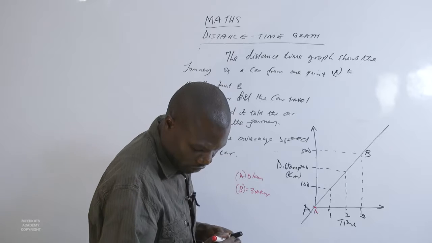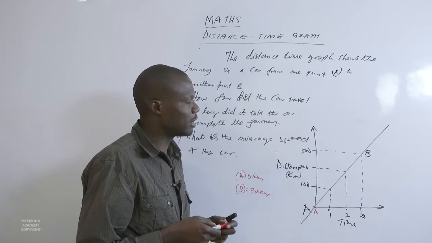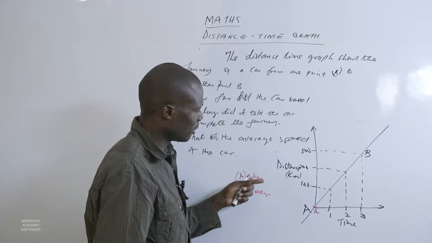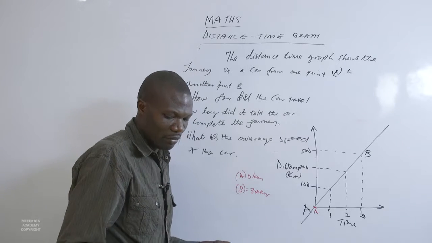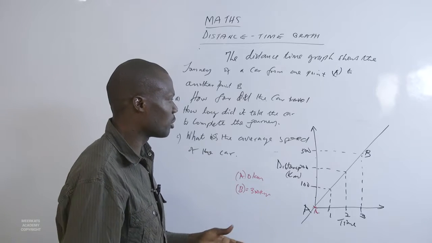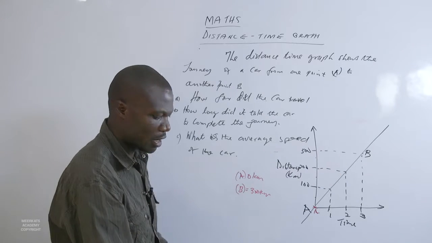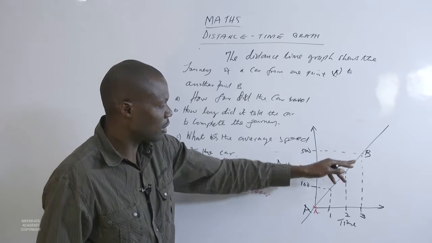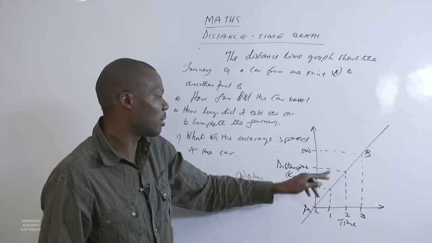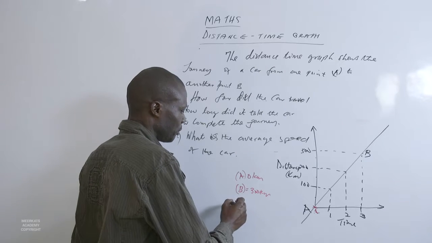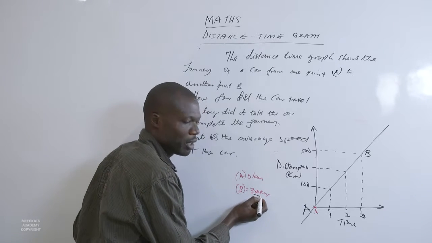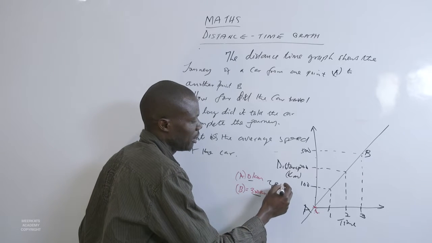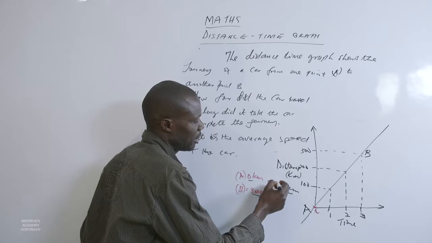So when you are asked how far this particular car traveled, it's very simple, because looking at the total journey, we have 300. That is the total, and where we started is 0. So it is 300 minus 0, that is the distance at B minus the reading at A. That gives us a distance of 300 kilometers. So there's nothing wrong about that.